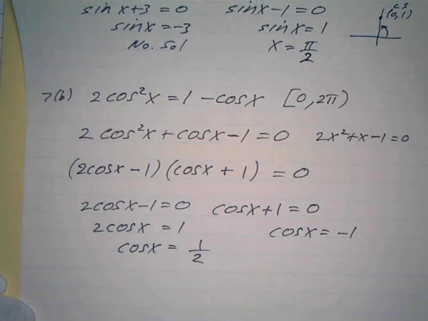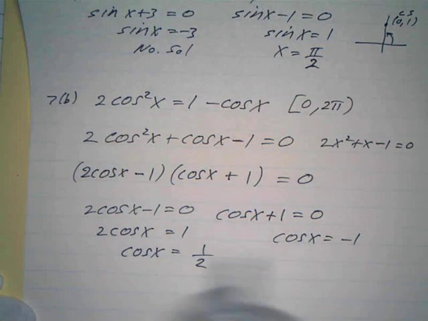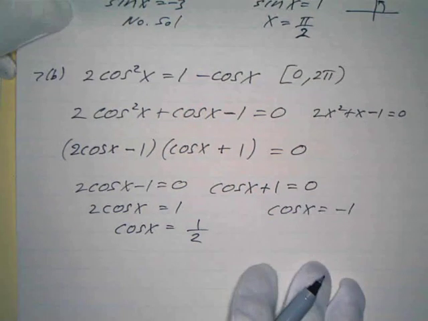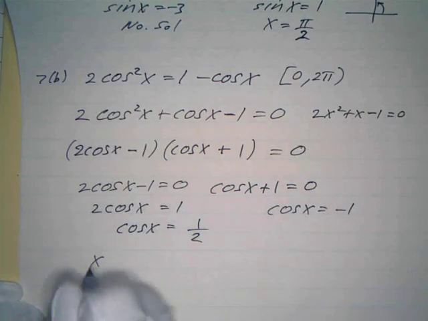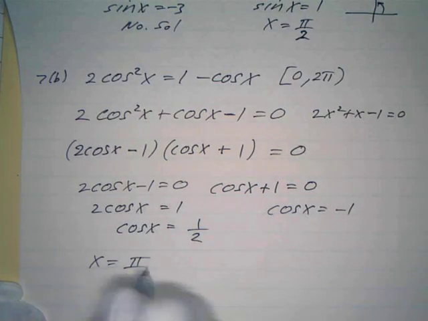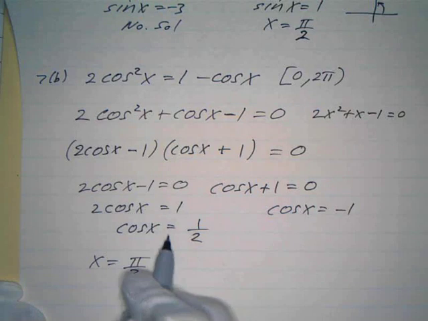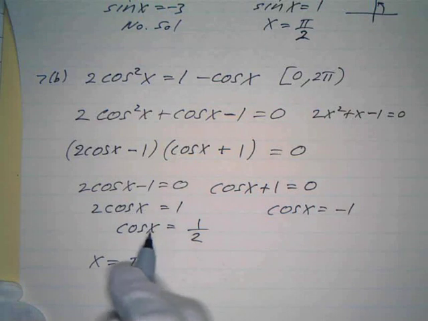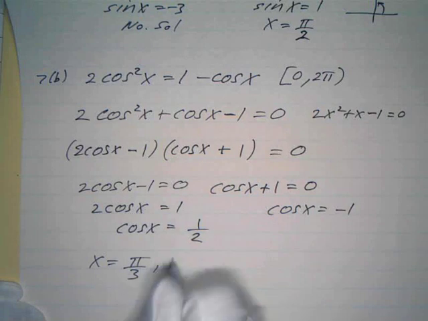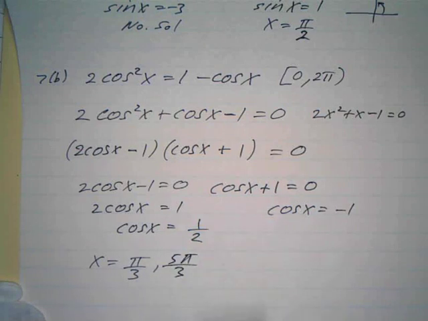All right, this is positive, so like before, we've got a couple quadrants. Now the cosine equals 1 over 2 at pi over 3. So x equals pi over 3. The cosine is positive also in the fourth quadrant. All students take calculus in the fourth quadrant. So that would be, let's see, pi over 3, and in the fourth quadrant 5 pi over 3. And the cosine is negative 1.